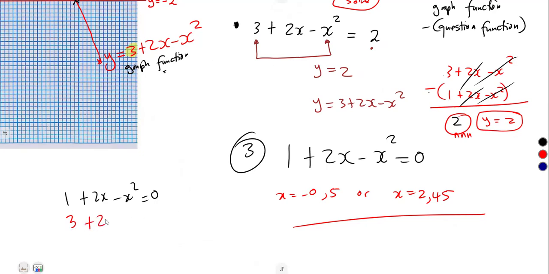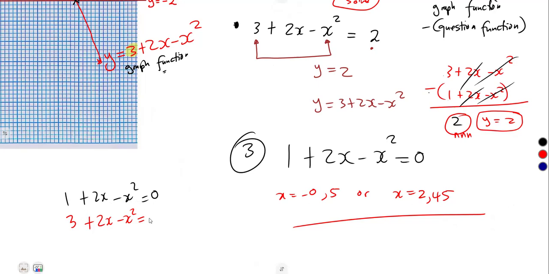So you write your original equation, 3 plus 2x minus x squared is equal to what? What happened for us to obtain this 1 here? Before it was a 3, but now it's a 1. You can see that it was minus 2, which was subtracted from the 3. So that minus 2, which was subtracted, you take it to the other side.